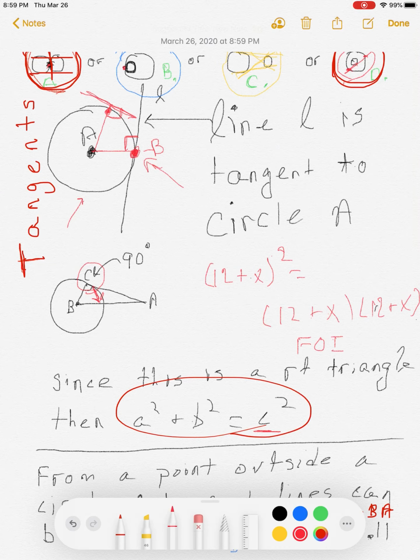So 12 times 12, that's first, plus outside 12 times X, plus inside X times 12, which is 12 times X, and X times X, which is X squared. Okay, so on that problem number 20, what we just said, those three terms, equals 20 squared plus RS squared, and you can solve for RS.